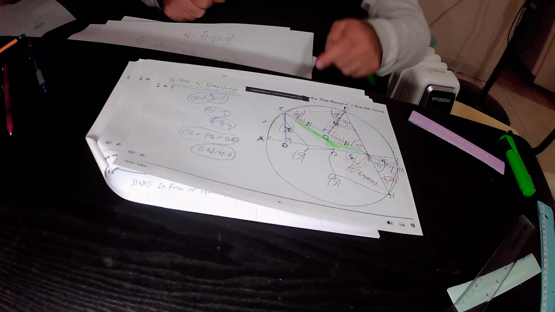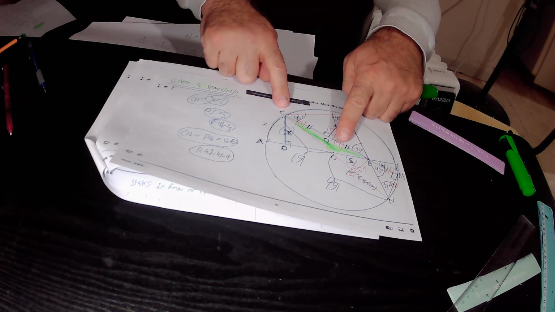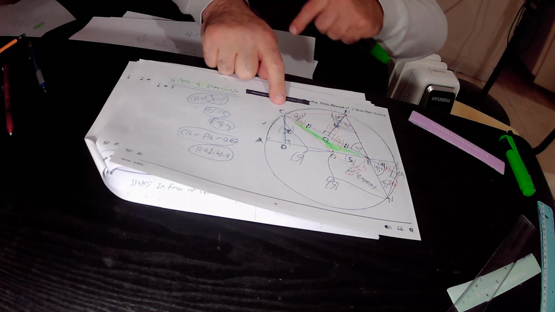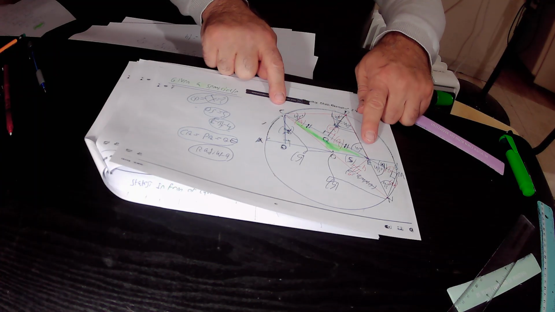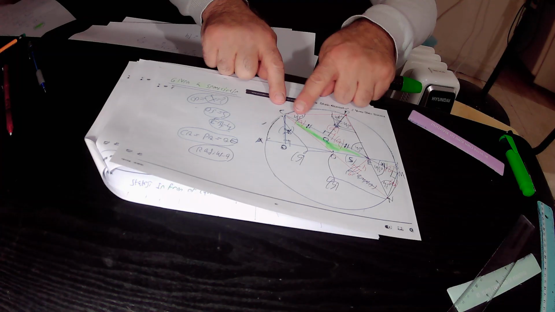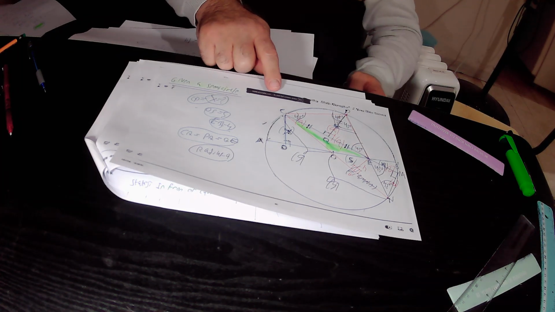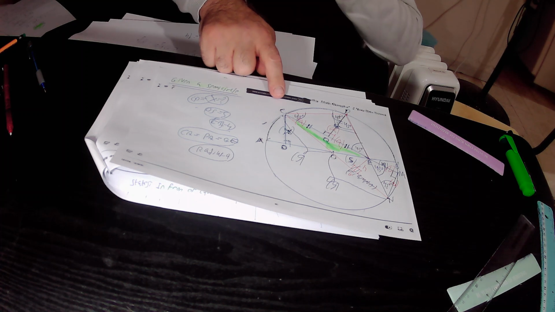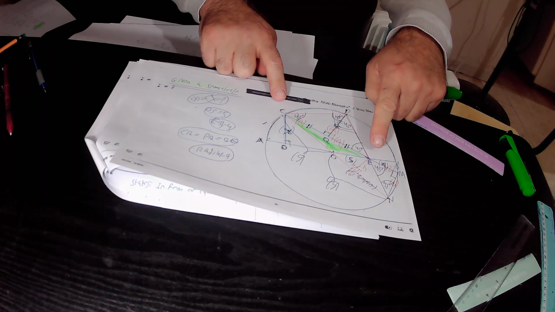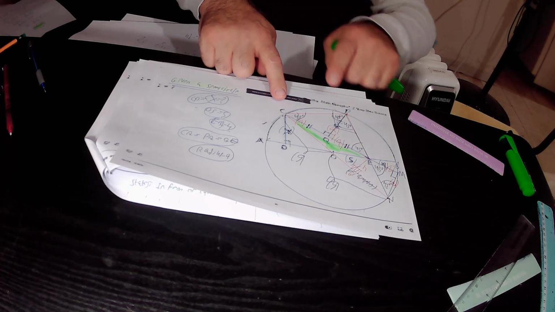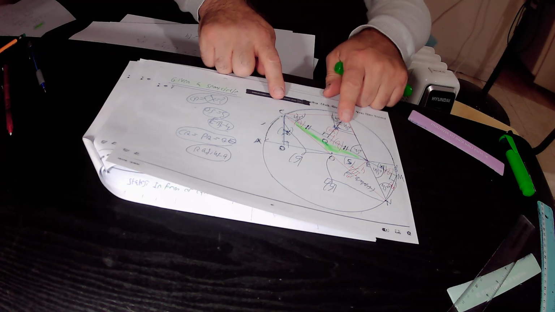We choose the base as CO. CO is the radius of the circle, equal to 9, times the height. The height to the extended base CO is H, over 2. So in total we found out that the area of the green triangle COE equals 9 times the height H over 2.